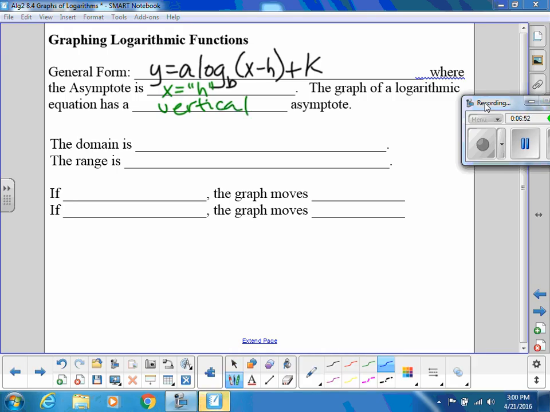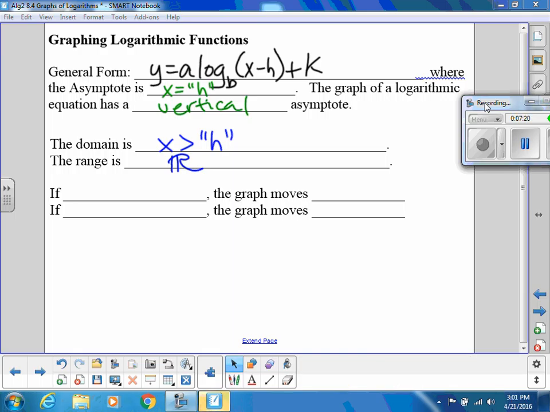We also said that the domain is always going to be x is greater than our h value. Okay, so that depends on where that vertical asymptote is. If it's at 0, then x is going to be greater than 0, like in our example. If it's something else, then we have to change the domain to be x is greater than whatever that h number is. The range will always be all real numbers for a logarithmic.